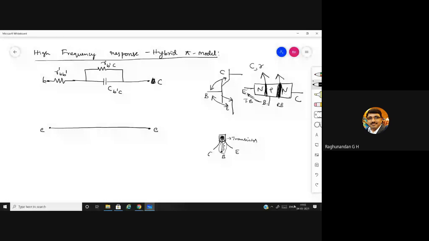So the capacitance exhibited here is diffusion capacitance. We are going to write one capacitor between these, CB dash E. In the same way, write one resistor, RB dash E.